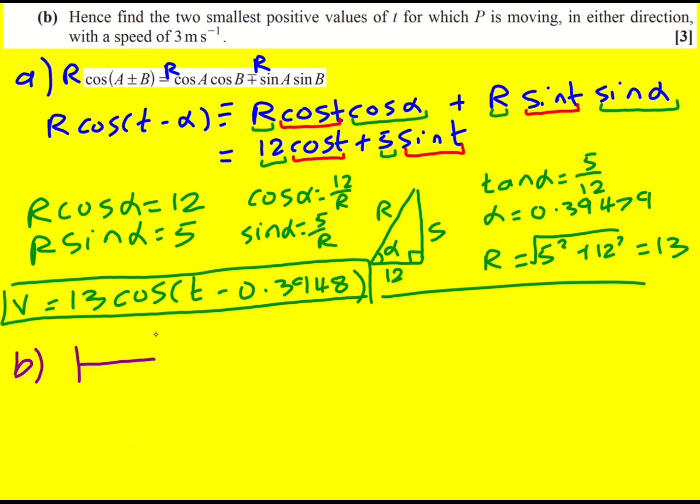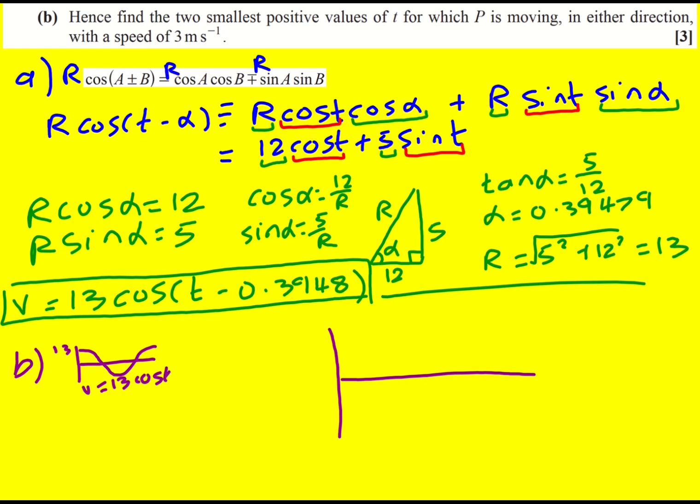Okay, I'm going to draw a really small graph of cos. When I draw this one instead, it's going to be a stretch. So actually this is v equals 13 cos t. It'd look the same, it would just go through 13 instead of 1. So what happens when I do this transformation?